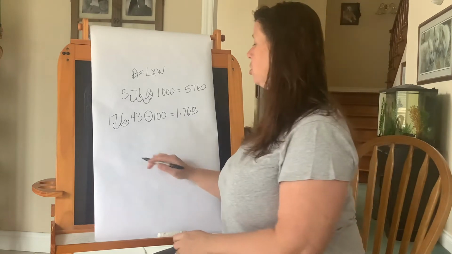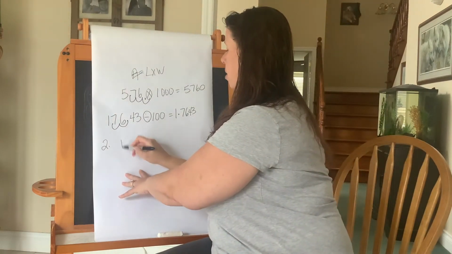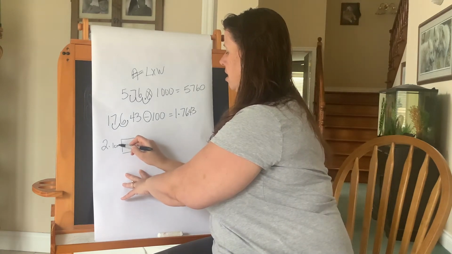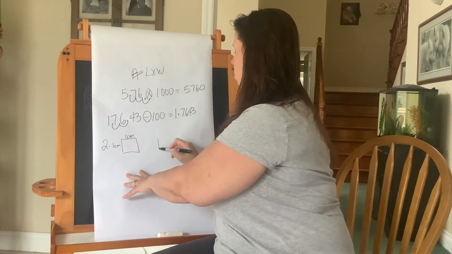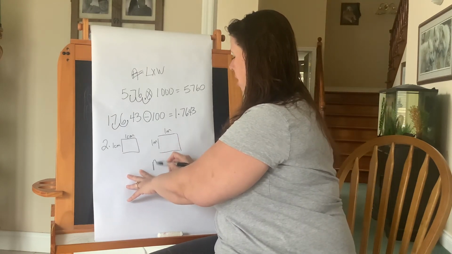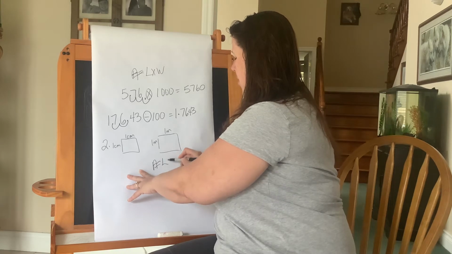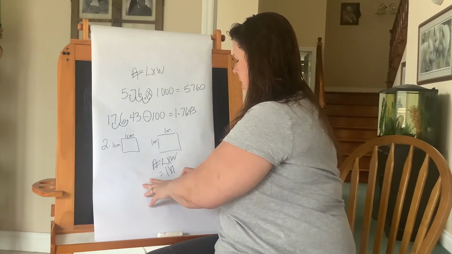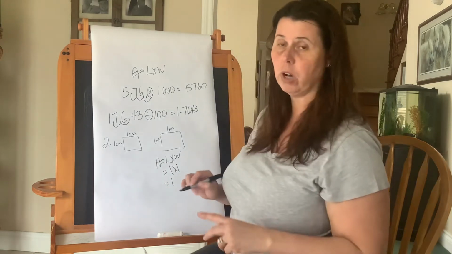Okay, question 2. You've got a bunch of squares. They're telling you that the dimensions are 1 centimeter by 1 centimeter or 1 meter by 1 meter. Remember, area equals length times width. So in this case, you have 1 times 1 equals 1. One group of 1 is still 1, right?